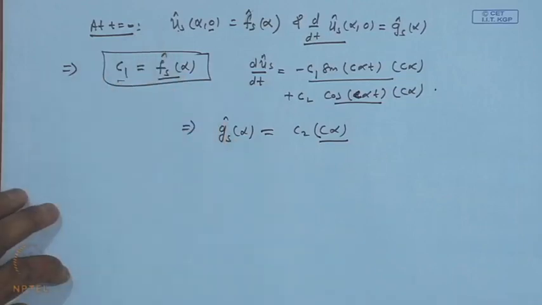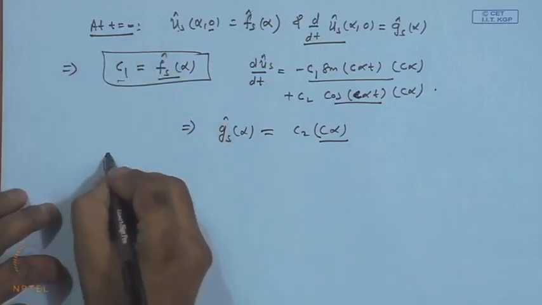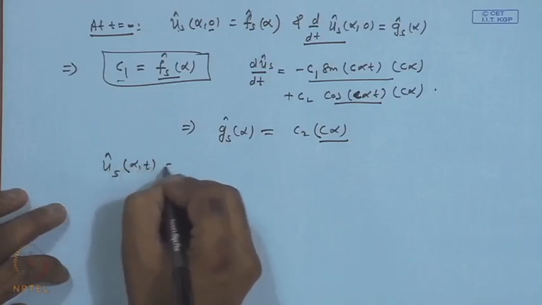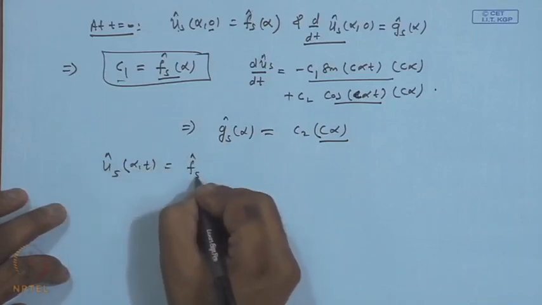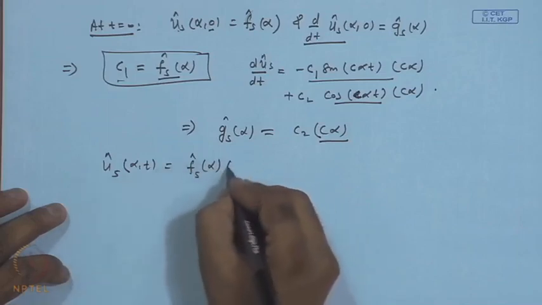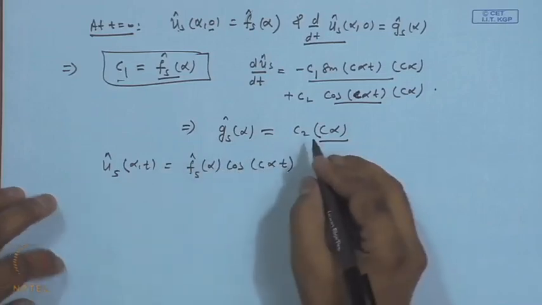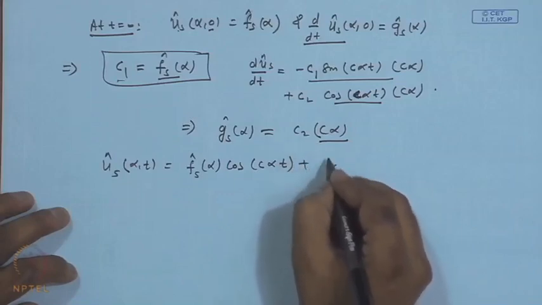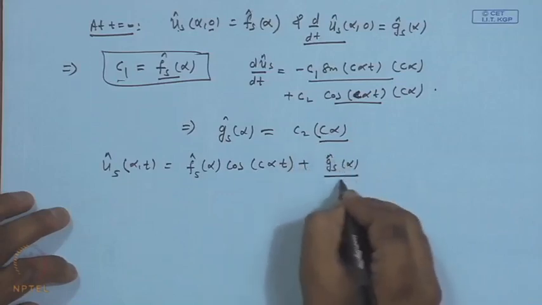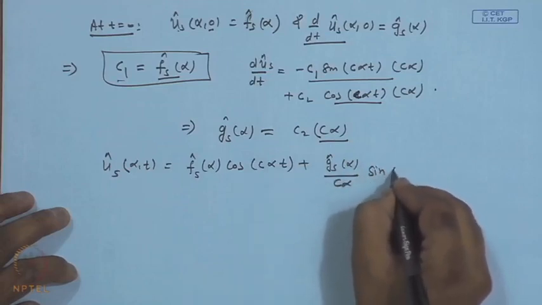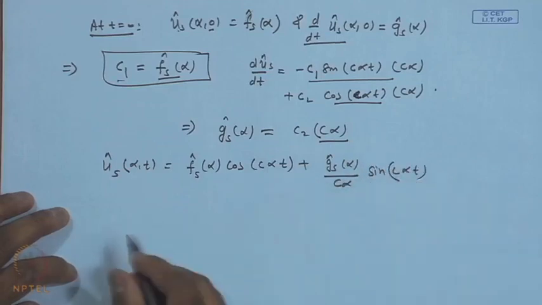So, we can get now the solution u_s hat(alpha, t), that is f_s hat(alpha) cos(c alpha t) plus g_s hat(alpha) over c alpha times sin(c alpha t).